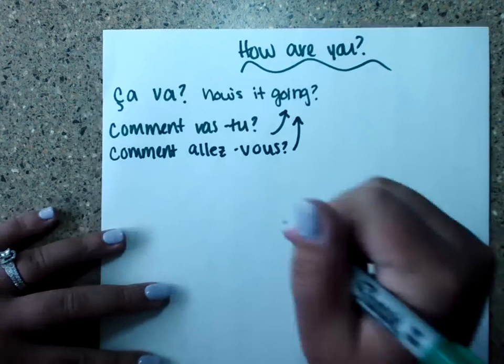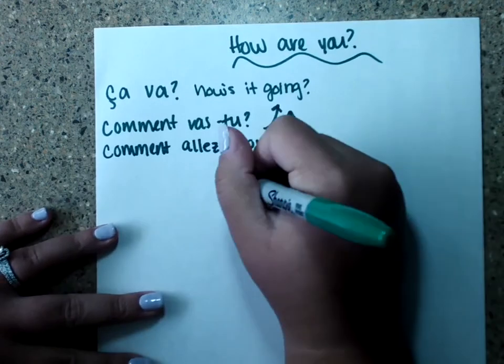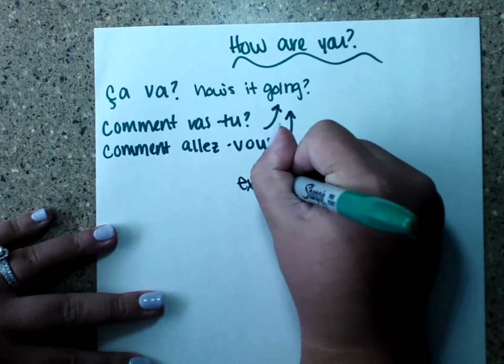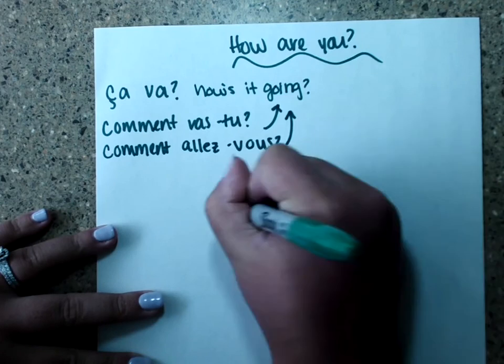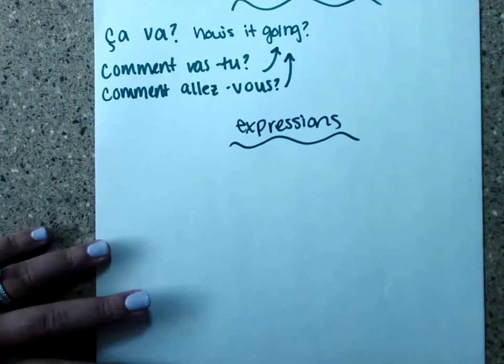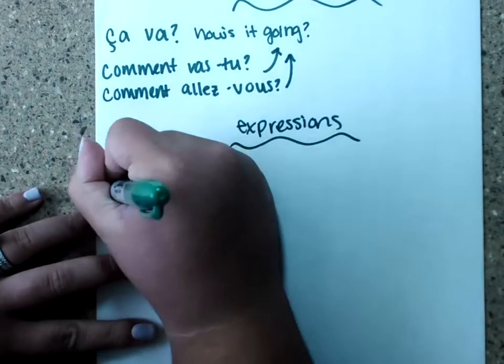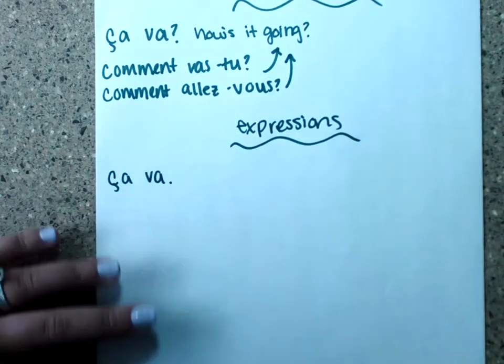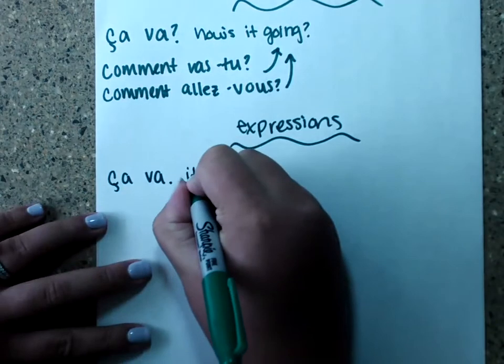Now let's talk about how you're doing. So expressions. So to say that you're just doing all right, we say ça va, means it's going.